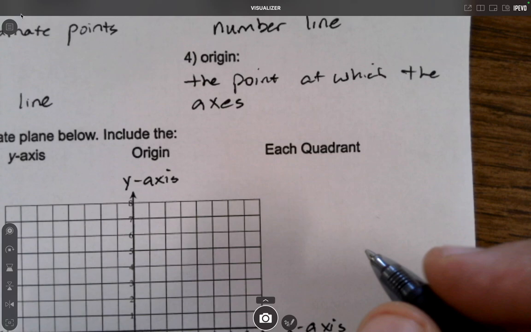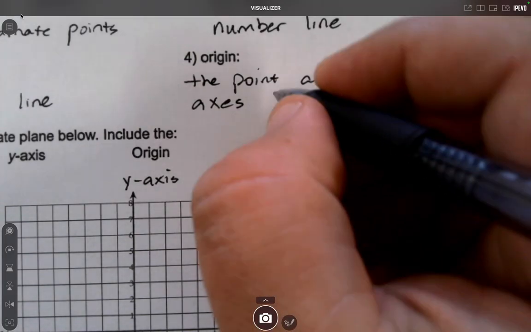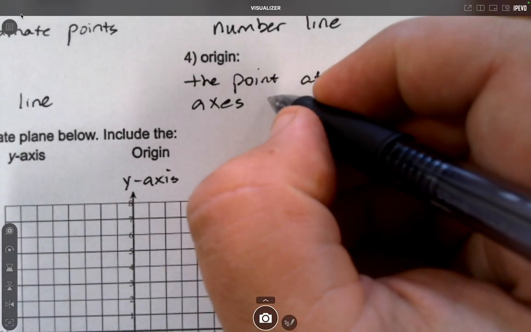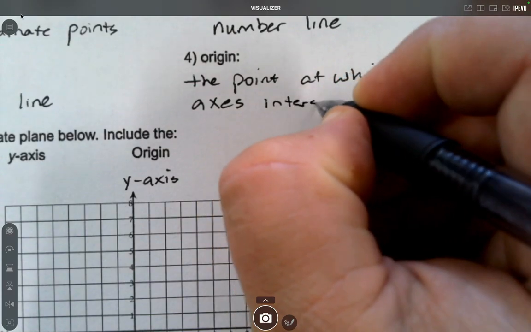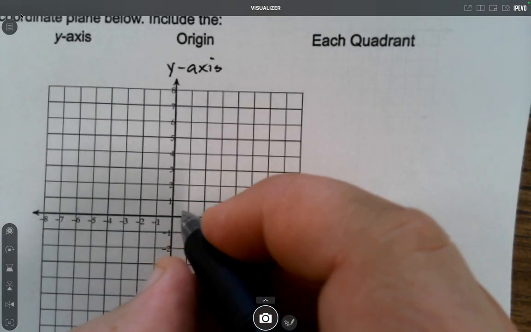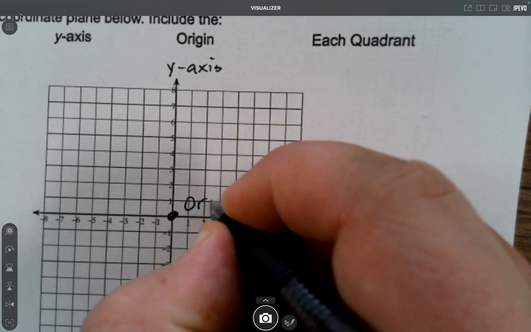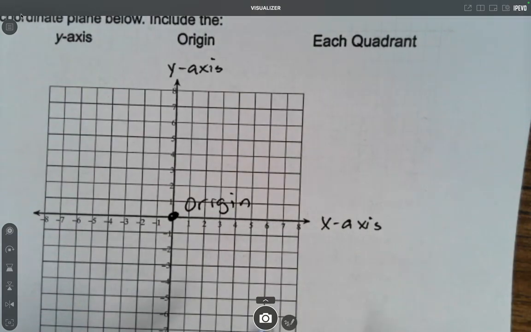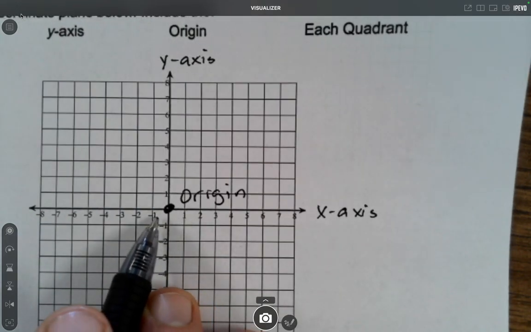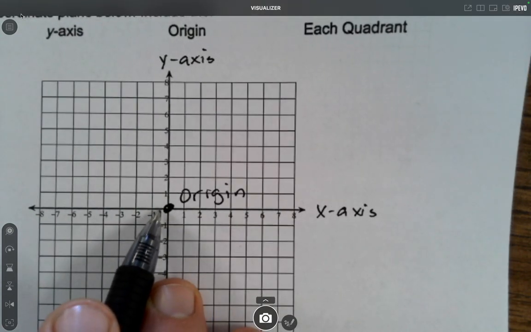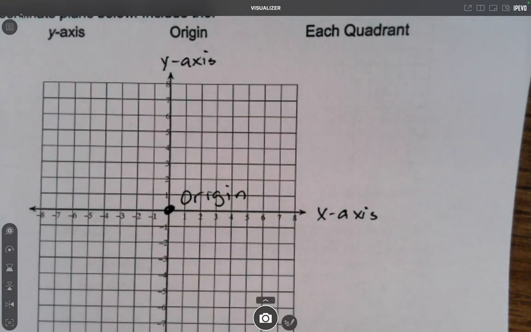It is the point at which the axes or the number lines intersect. So that is this point right here. It's at 0, 0. It's called the origin. They will often have an O. It looks like a 0, but it's actually like an italic O right here, just to make sure you know that's the origin.